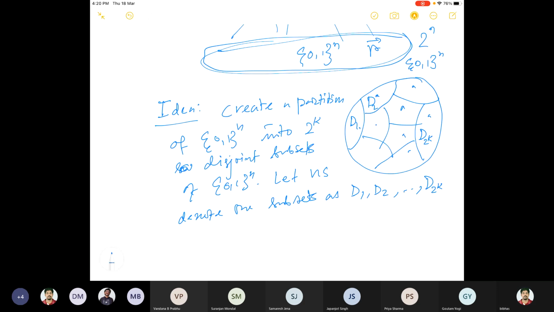Now, whenever you send a vector v, you will receive r, and r will definitely be in one of these Di's. Now I'll make a correspondence with each of these Di's.